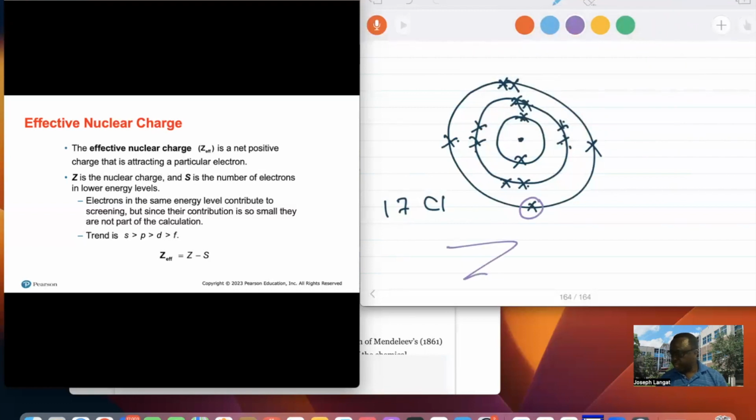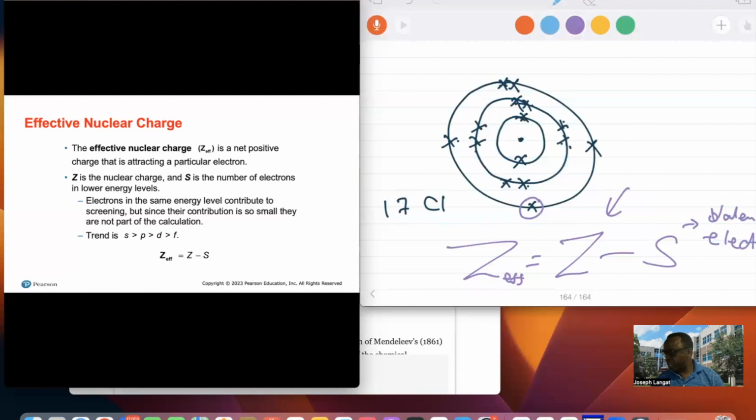To calculate that, Z effective for a particular electron is given by Z minus S, where Z is the nuclear charge and S is the number of core electrons shielding it. You will not be asked to calculate the Z effective, but it's good to know.